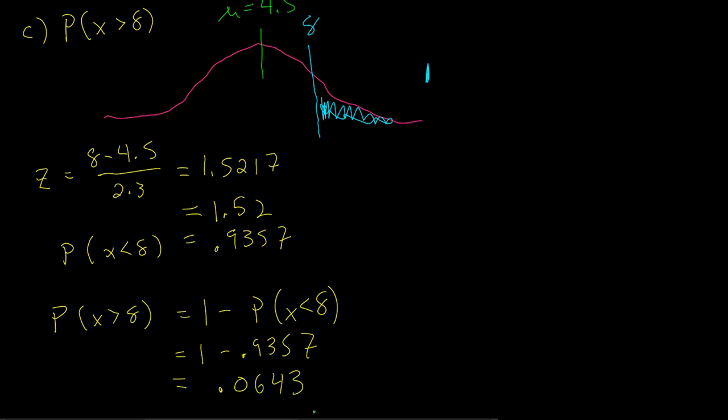And then the last question says, are any of these things unusual? And unusual events have a probability less than 0.05. And not one of these events was unusual. And so this is how we can use our Z tables to help us find probabilities within normally distributed things.